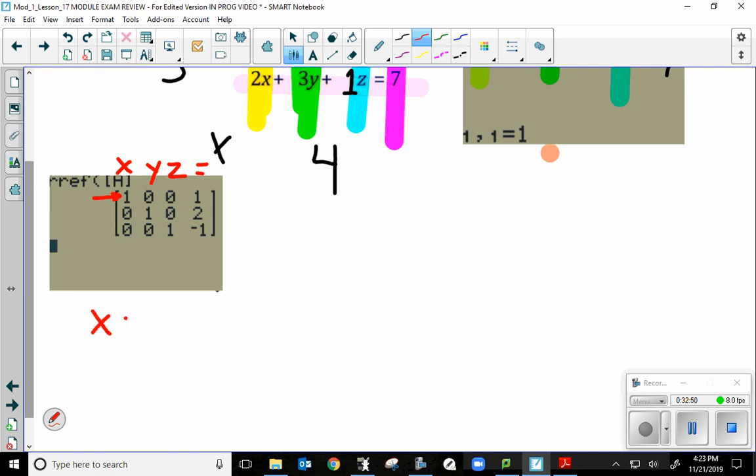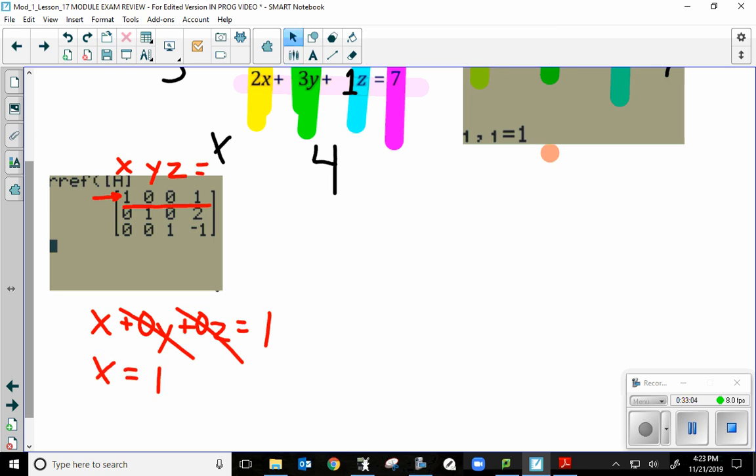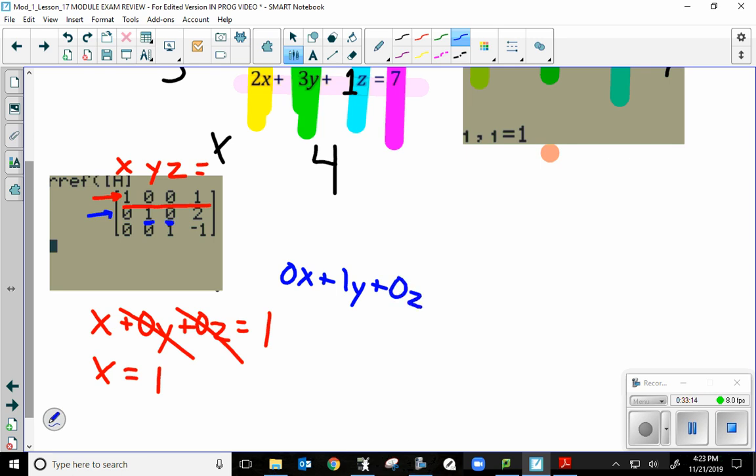I have 1X plus 0 Y's plus 0 Z's equals 1. Guess what? If I have 0 Y's and 0 Z's, my X is 1. Simple enough. Let's look at the middle one. I have 0 X's plus I have 1Y plus 0 Z's, and that equals 2. So guess what?